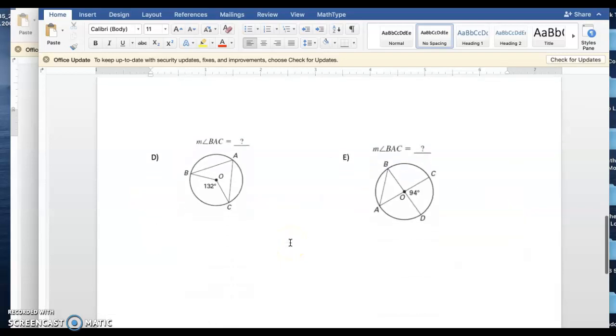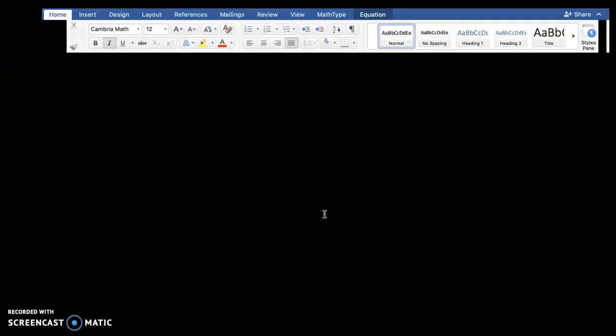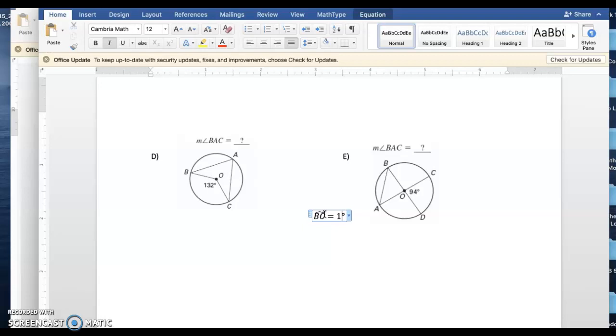Just another couple of ways these questions can look is, let's say I want to know what is the measure of BAC. Now I'm asking you to recall things that we learned about arc measures at the beginning of chapter 10. So going back to just central angles, if I know BOC is 132 degrees, then that means I know that arc BC is also 132 degrees.